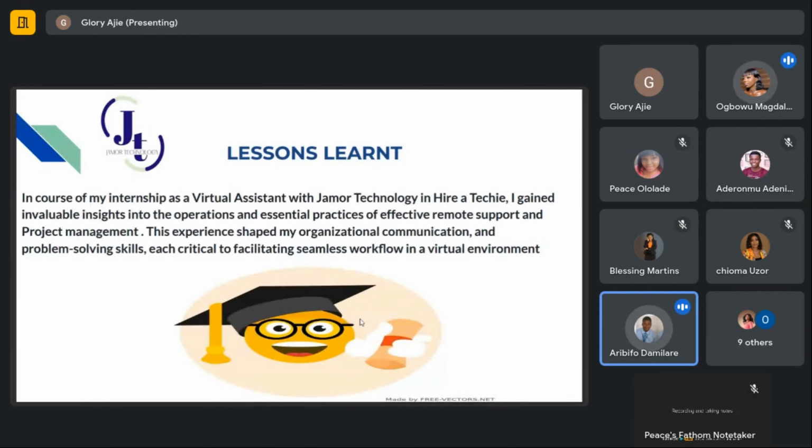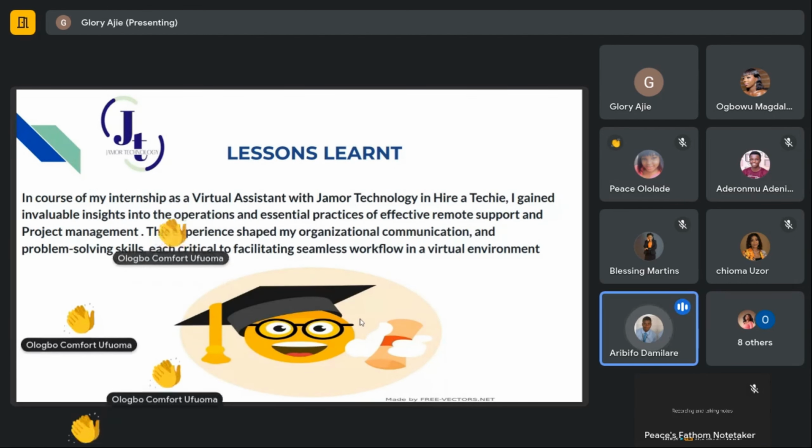I believe that is working remotely, being able to work without being told what to do at the right time. Kudos to you for that. That's very good. I think that's something interns will benefit more from Jamo Technology.